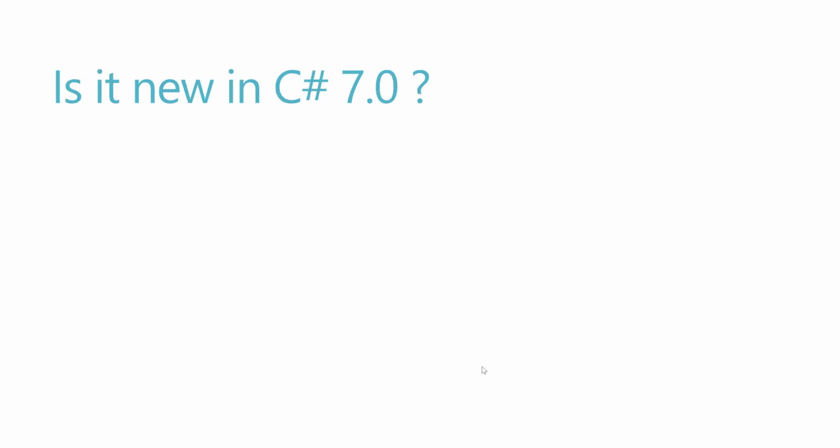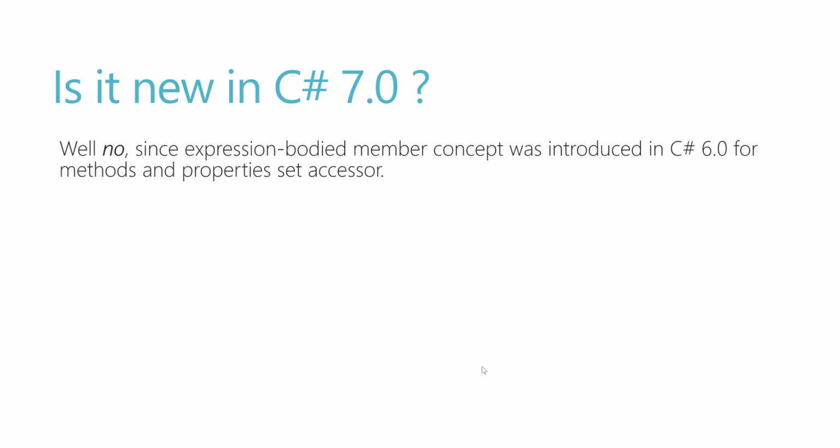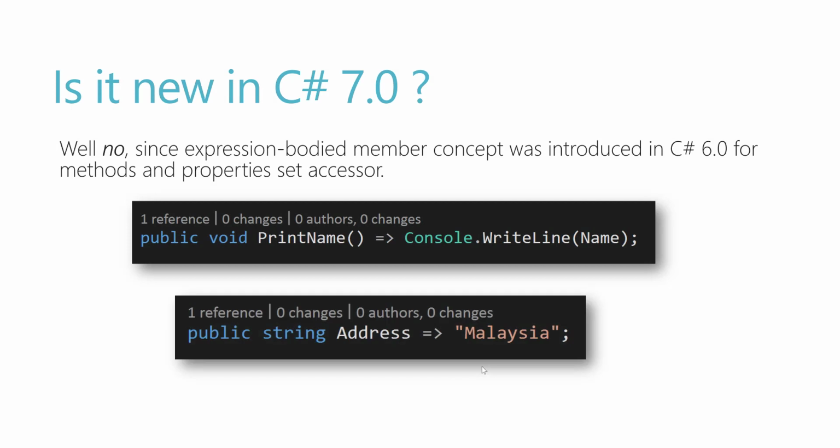So is it a new concept altogether in C# 7.0? Well, of course not. The expression bodied member concept was introduced in C# 6.0 for methods and property set accessors.